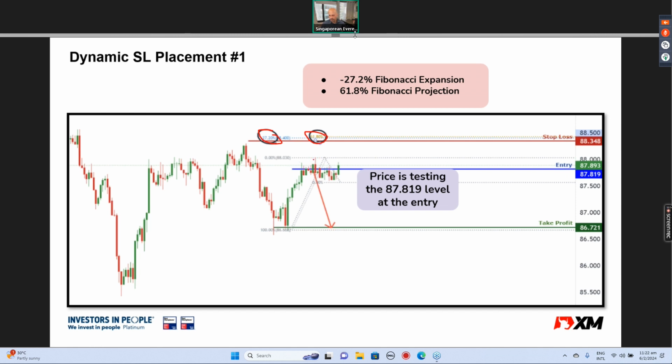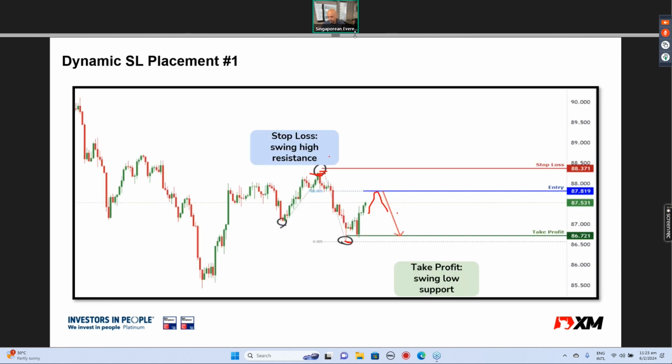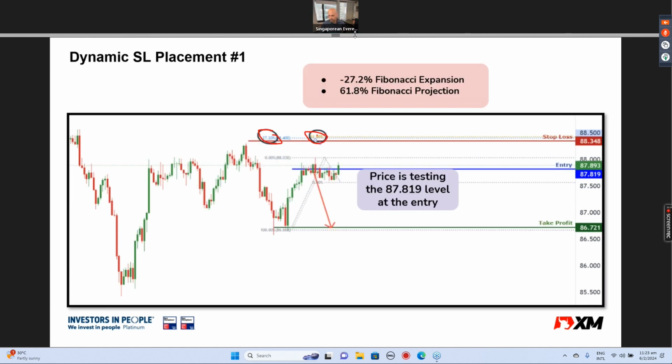Right, so not only do we have the wick here, but because we also have additional information such as the Fibonacci expansion and Fibonacci projection telling us that this is actually a more significant resistance zone.